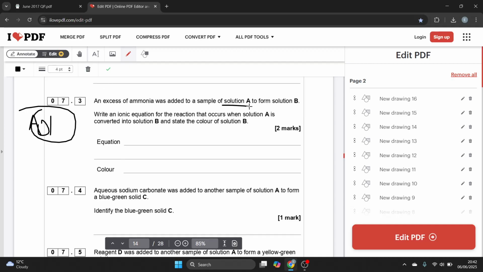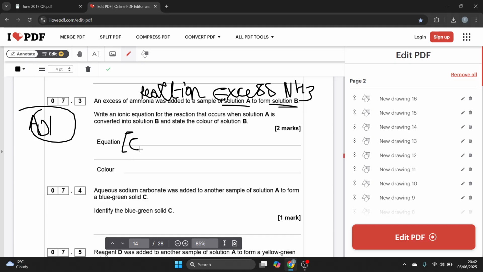Excess ammonia solution added to a solution, so it's got to be the reaction of metal aqua ions with excess NH3, and it's the only one that actually happens, ligand substitution.